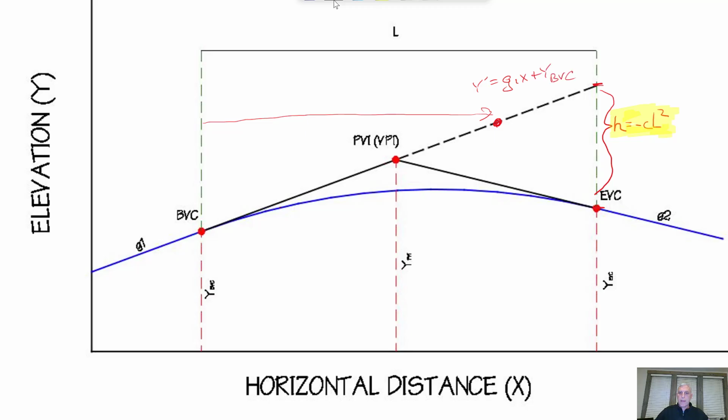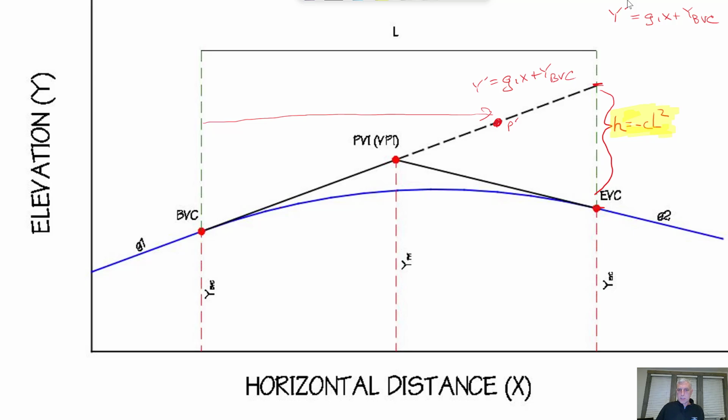Okay, so that gives us the elevation of this point. Let's call it P prime. So let me just write this off to the side here where we can keep track of it. So y prime equals G1 x plus y BVC. Simple enough.